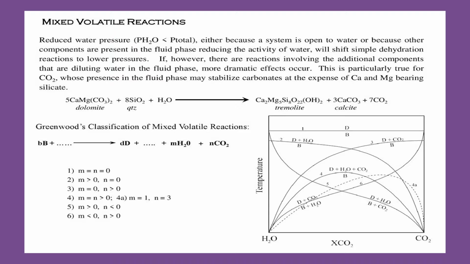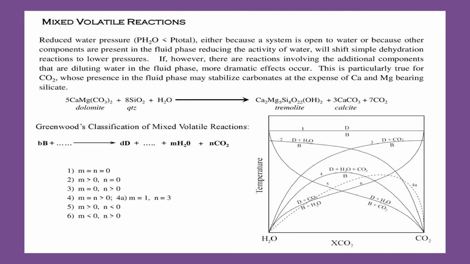An example is tremolite plus calcite plus quartz give rise to diopside plus H2O plus CO2. Mixed volatile reactions have the same general shape as dehydration and decarbonation reactions on PT diagrams. However, they are generally plotted on TX diagrams instead of PT diagrams.